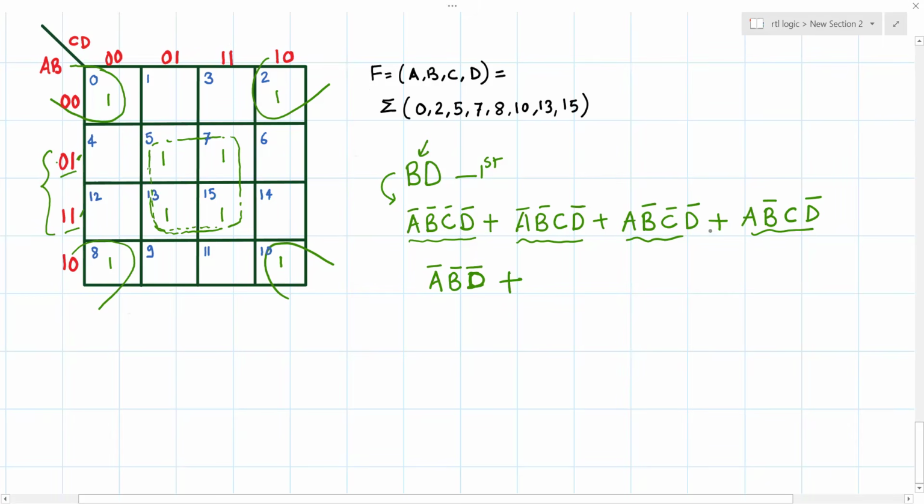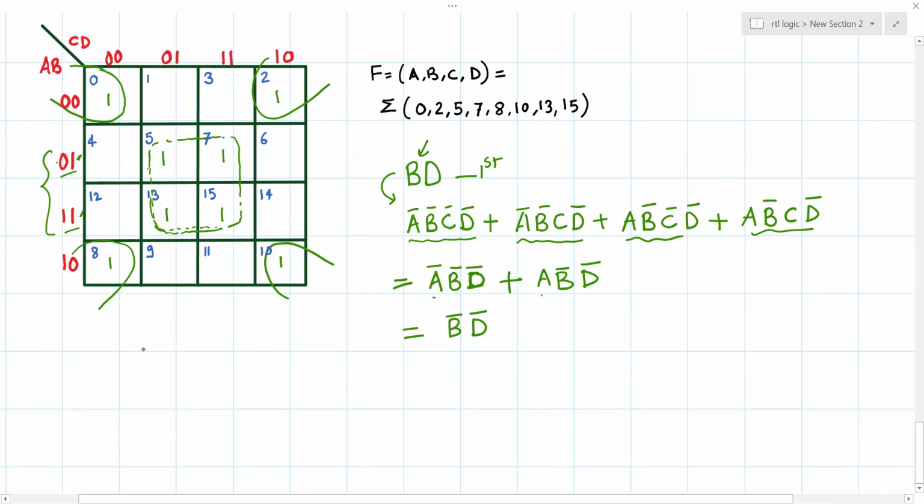Take the common terms out. A common, then B bar common, C and C bar get cancelled, and you have D bar common. So now you can simplify again. A bar and A get cancelled, but what you get is B bar and D bar.